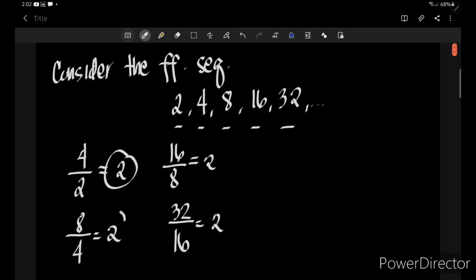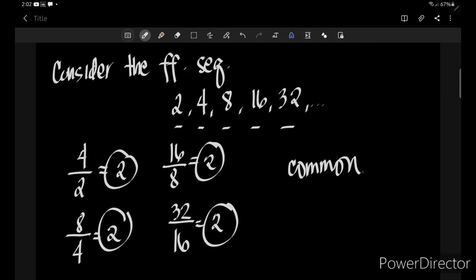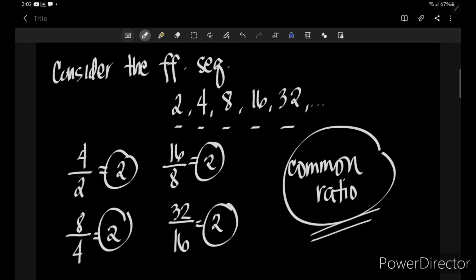Okay. Mapapansin natin na pare-parehas ang lahat ng mga ito. So, yun yung common po sa bawat terms na meron tayo. At tatawagin natin siyang common ratio since, yun nga, common po. And at the same time, we are performing division. Kaya nagkakaroon tayo ng fraction or ratio. That's why common ratio yung ating term.